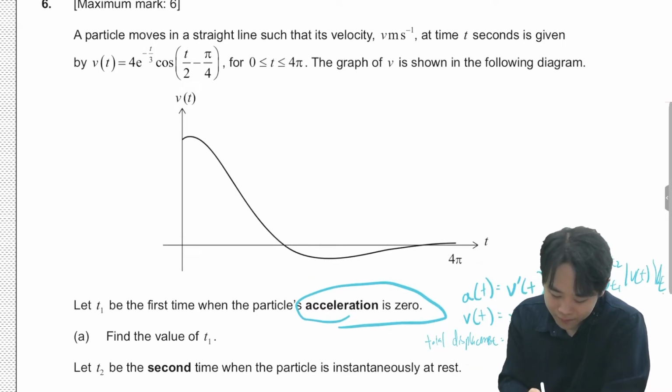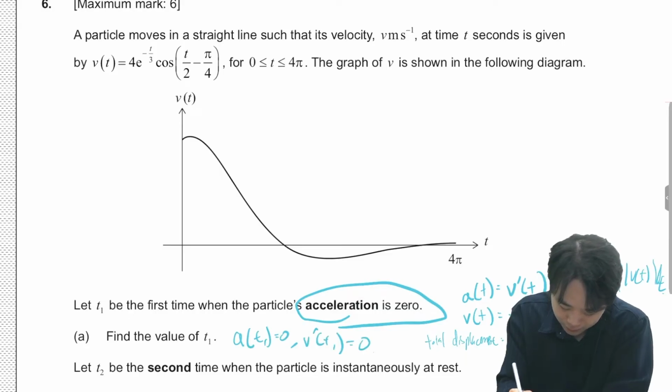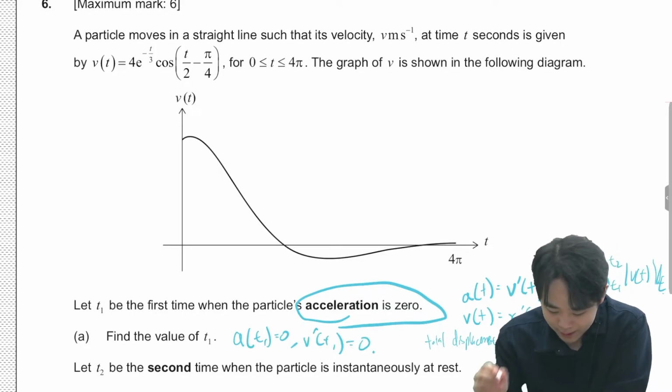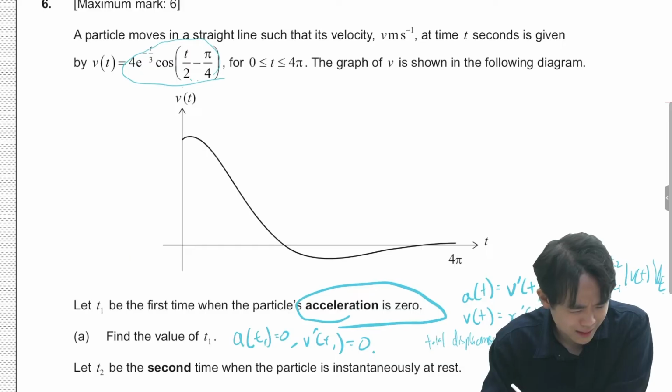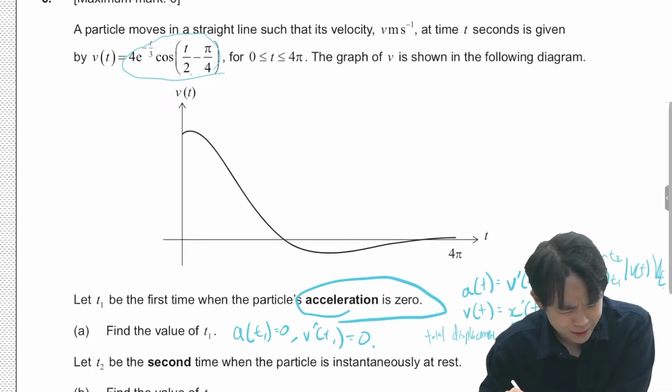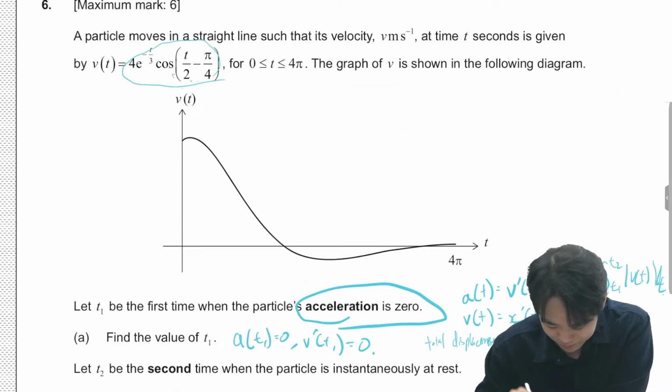So A, find the value of t1. So t1 is when a(t1) is 0, or when v prime(t1) is 0. Okay, when does that happen? When basically we take the prime of this and set it to 0, right? So we could do this by hand, where v prime(t) would be, we use a product rule.